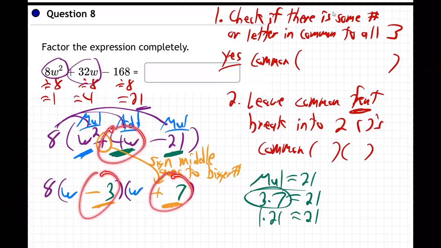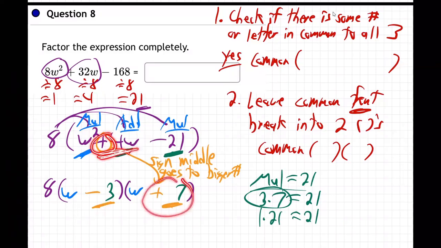So we've got it. This is the answer. Why? Because they add to be plus 4 in the middle, right? Sign in the middle went on the bigger. 7 minus 3 is plus 4 in the middle. And they multiply to be negative 21. Negative 3 times positive 7 is negative 21. So there we go. That's our answer.